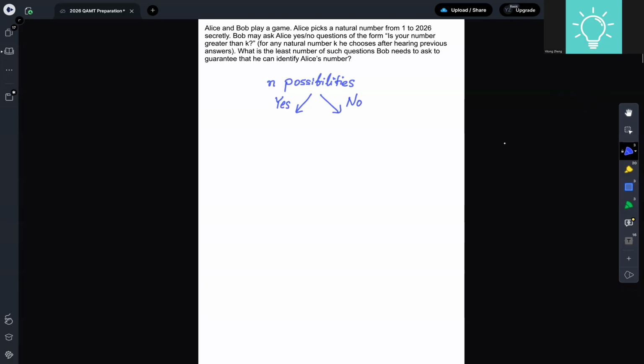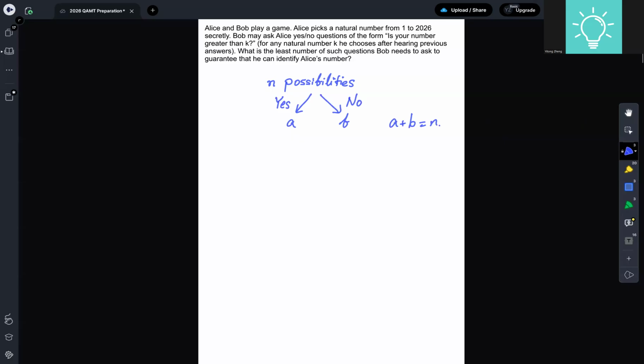And after hearing this answer, Bob would know whether it's in this yes part or it's in the no part. And in both of these parts, there's altogether n possibilities, right? So maybe there are A different numbers that satisfy this, and B numbers that satisfy this, where A plus B is equal to n.